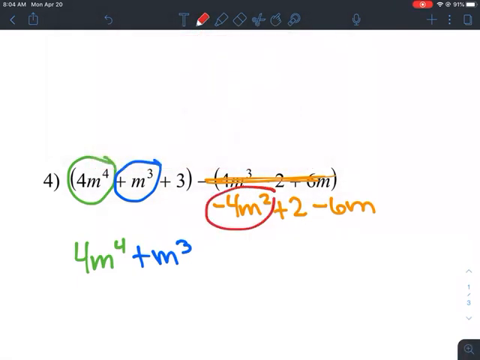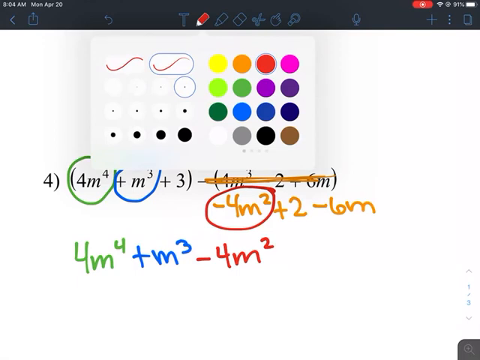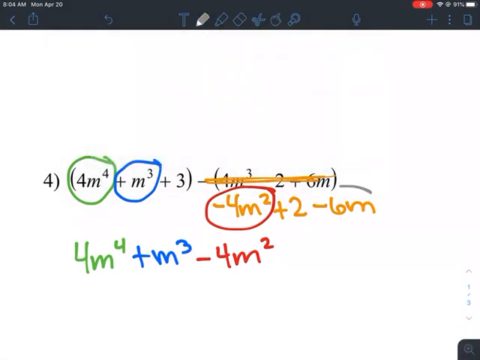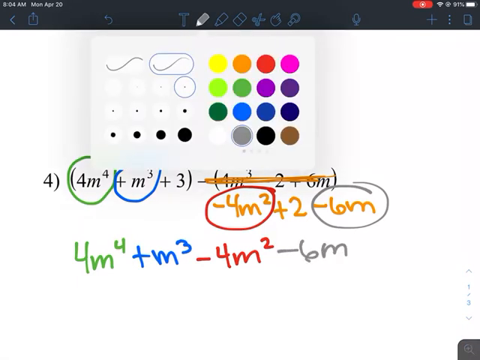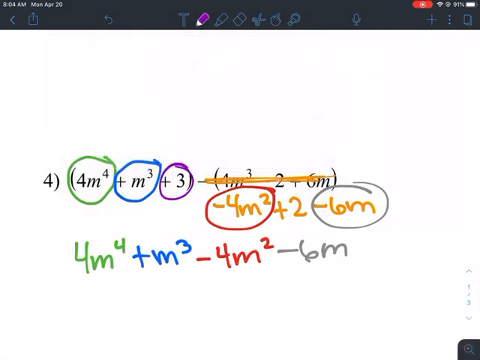Then I've got negative 4m squared. Only one, stays the same. Let's see. I've got negative 6m. Once again, only one, stays the same. And last but not least, my constants, which get added together to make 5.